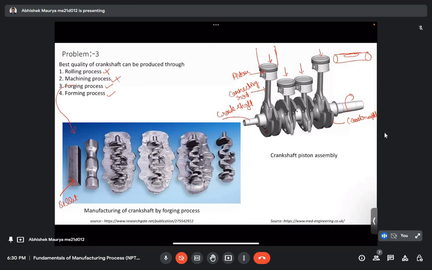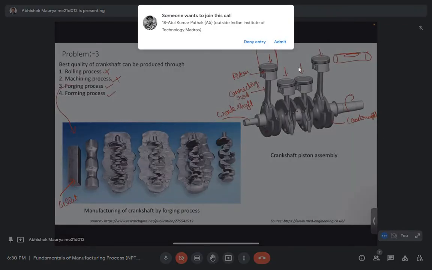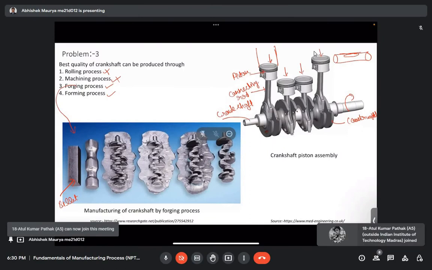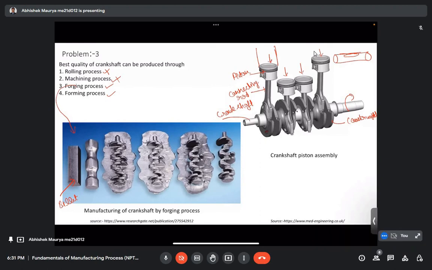There were several steps like fullering, edging, bending, blocking, finishing, and trimming. All steps are done, and finally we do trimming, and we can get this kind of geometry.